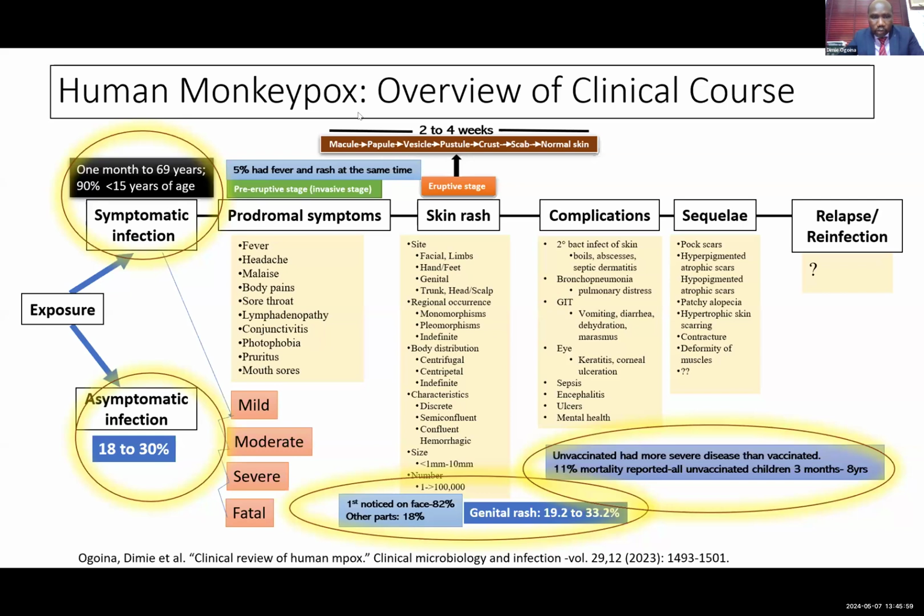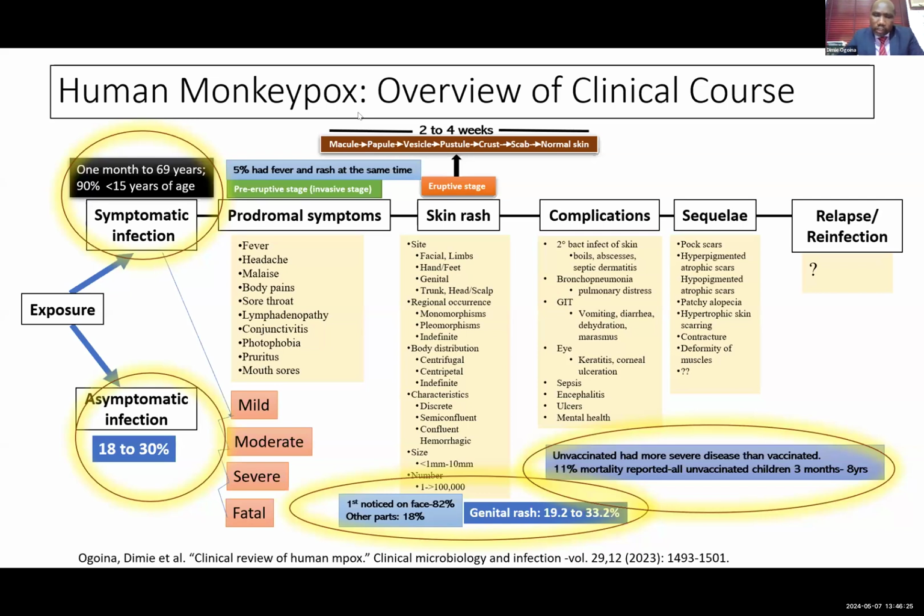Following the prodromal period, the patient develops a skin rash, which we call the eruptive stage of the disease. It could be a rash on the skin or the mucosal surfaces, and there are varied distributions of the skin rash, some of which have been discussed by Rashidatu. Some patients may progress to complications, some of which I've listed and Rashidatu has also discussed.